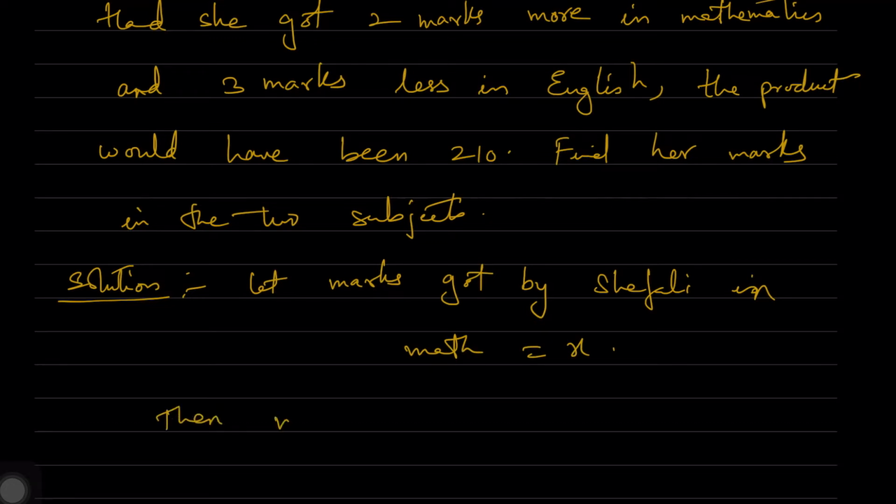Then marks got by her in English is equal to, because the sum of her English marks and math marks are together 30, so since maths marks are x, therefore English marks will be 30 minus x.